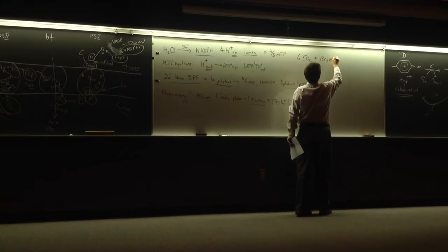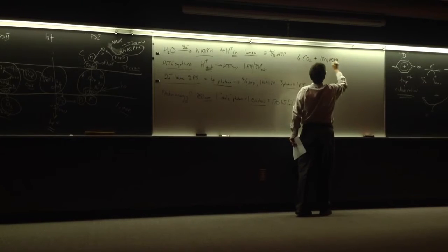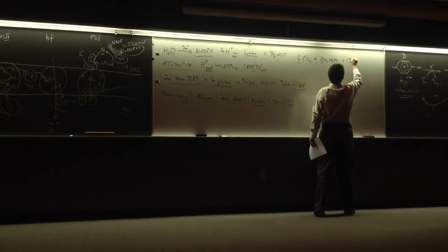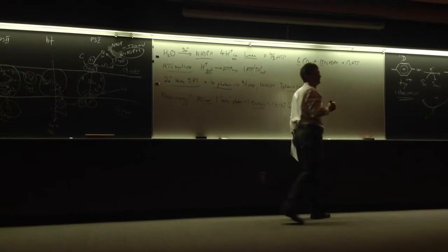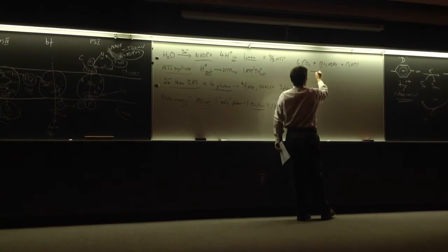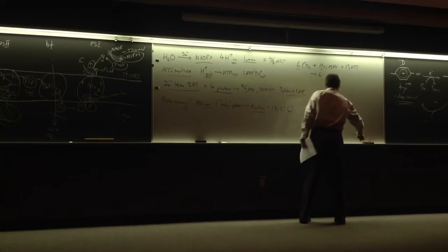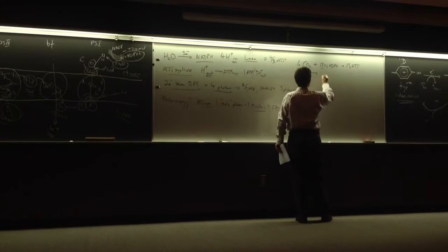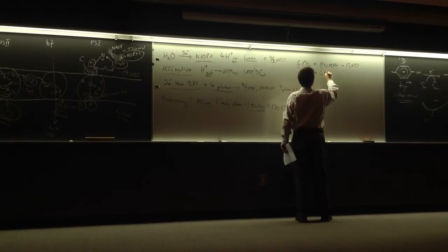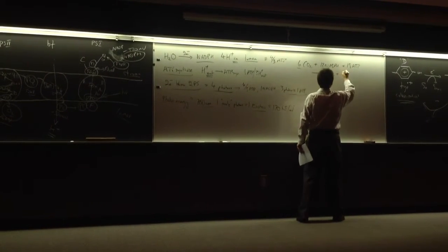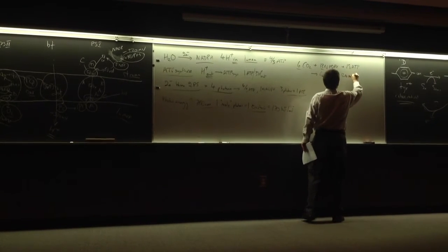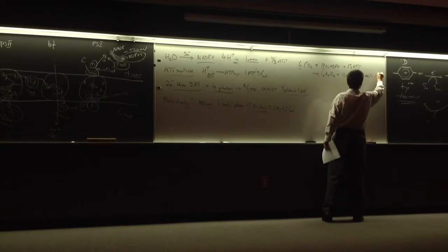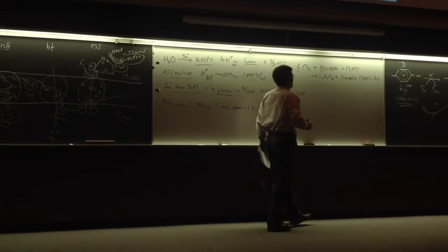It requires 12 NADPH and 18 ATP to reduce 6 CO2 and generate 1 glucose, C6H12O6, plus 12 NADP plus 18 ADP plus 18 Pi.